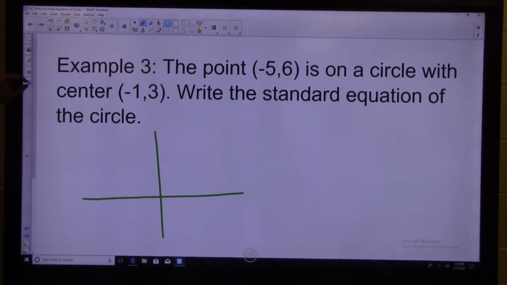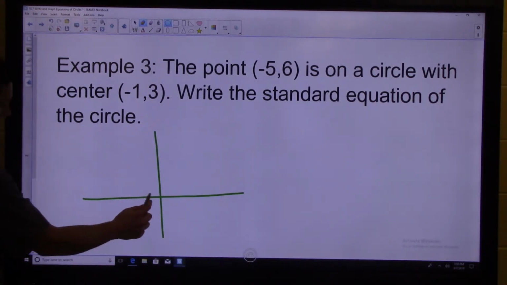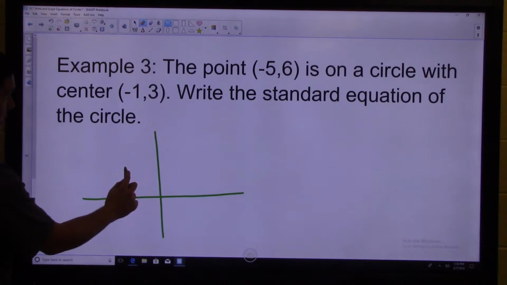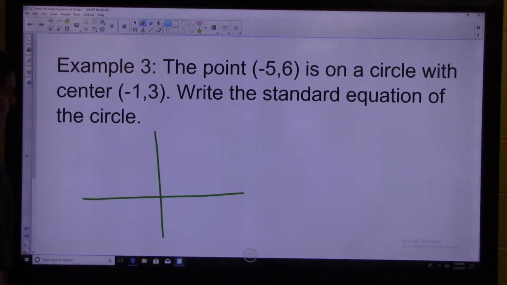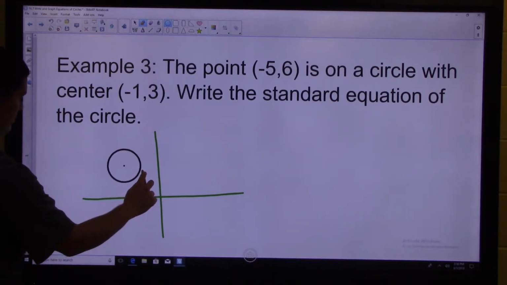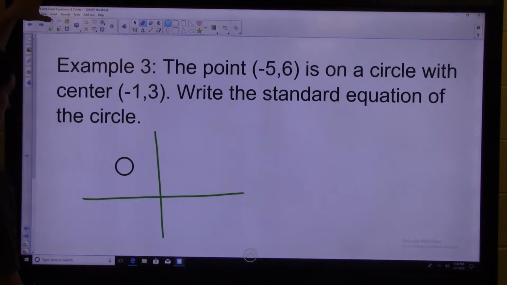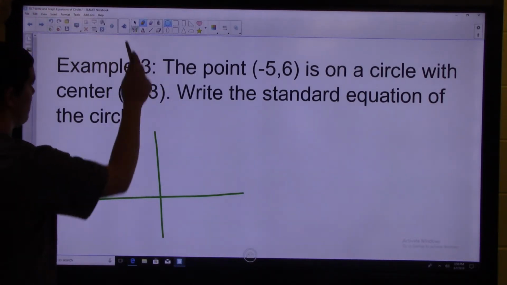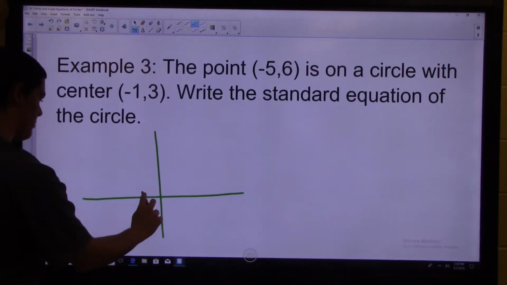I know the center is going to be -1, 3. So -1, 3. I'm just going to estimate it about right here. No, that's terrible. Let me fix this. Let me actually just make some coordinates.